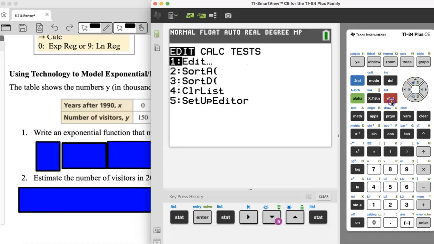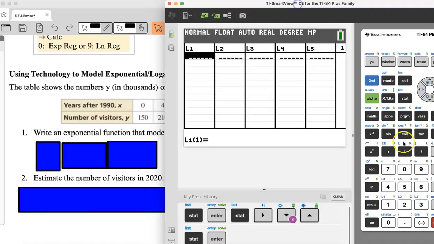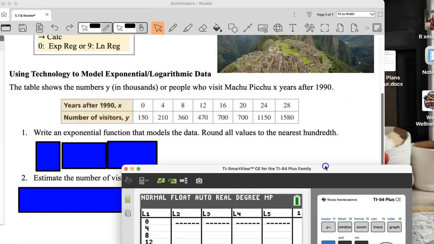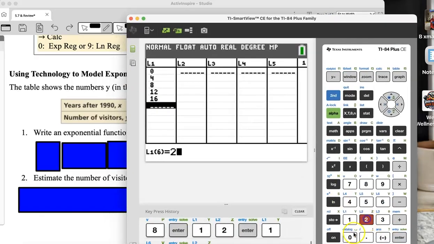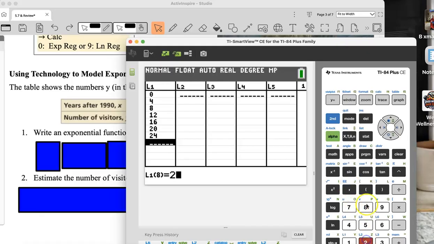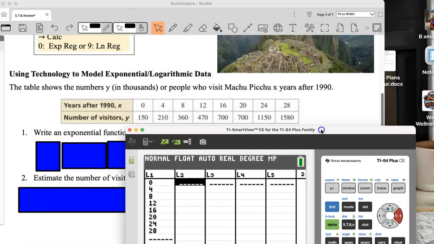So again, everyone press Stat, hit Enter, and then we're going to type in these numbers. And then type in your visitors into L2.